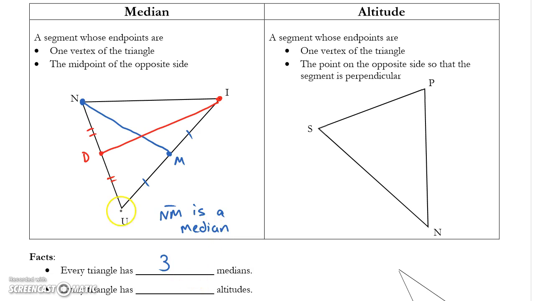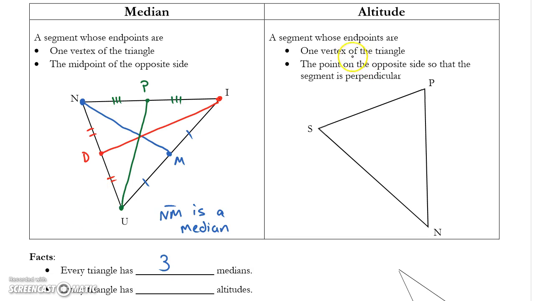And the same would hold true if I start at U and I move across to, let's say, point P. If P is a midpoint, then segment PU is a median because it connects a vertex to a midpoint.